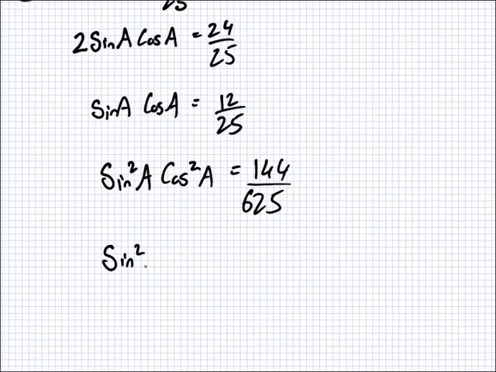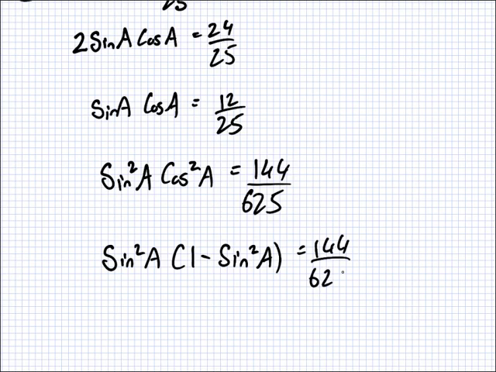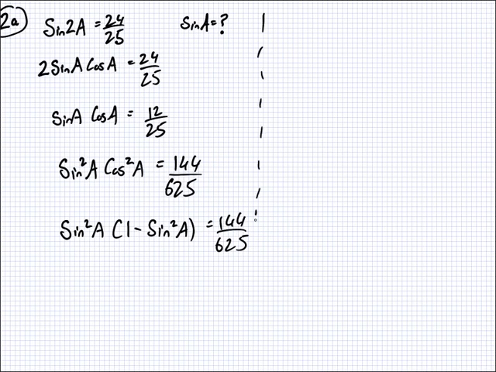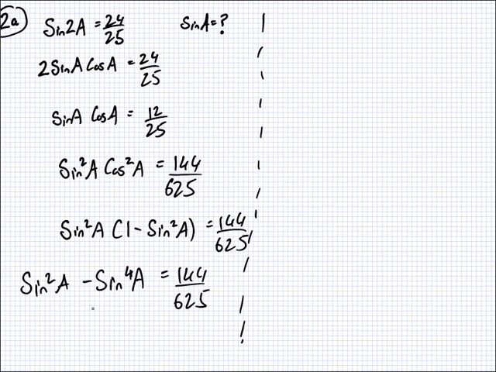Sine squared A times (1 minus sine squared A) equals 144 over 625. So sine squared A minus sine to the 4th A equals 144 over 625. Times 625: 625 sine squared A minus 625 sine to the 4th A.